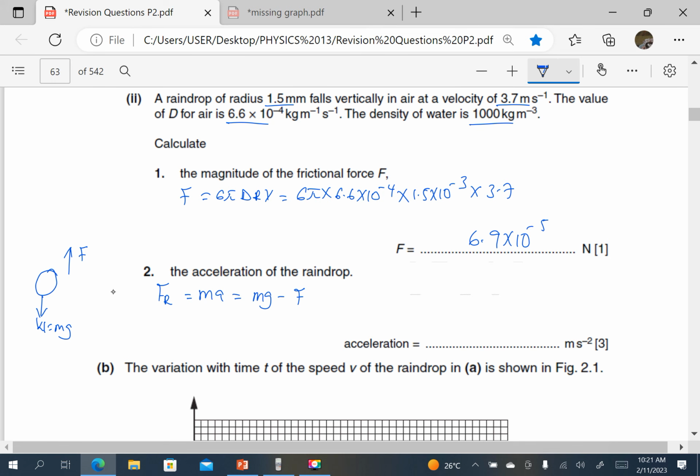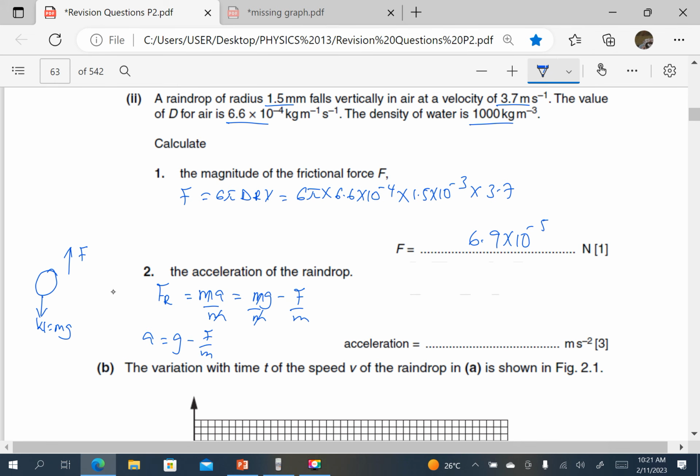So which means we can now find the acceleration by dividing this by m. So the acceleration is equal to g minus F over m.